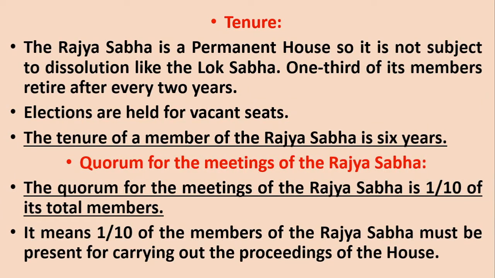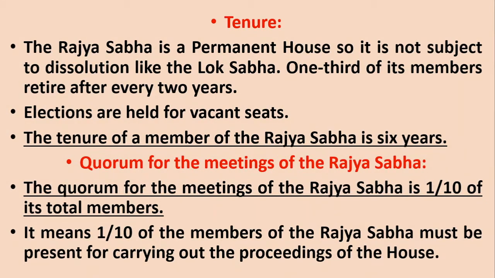The next is quorum for the meetings of the Rajya Sabha. This is the same as I have talked while talking about the quorum of Lok Sabha. And you must remember, the quorum for the meetings of the Rajya Sabha is 1/10 of its total members. So it is the same as of Lok Sabha. There also it was 1/10, and in Rajya Sabha also 1/10.